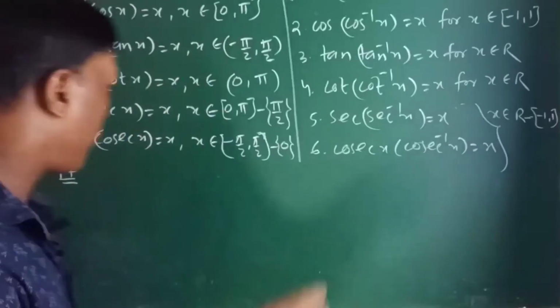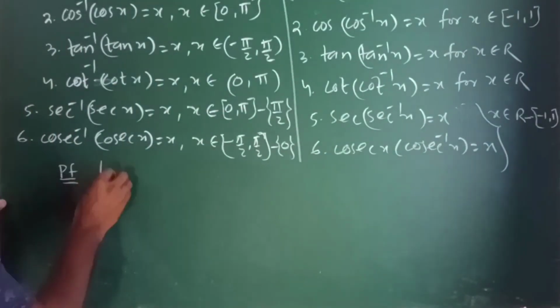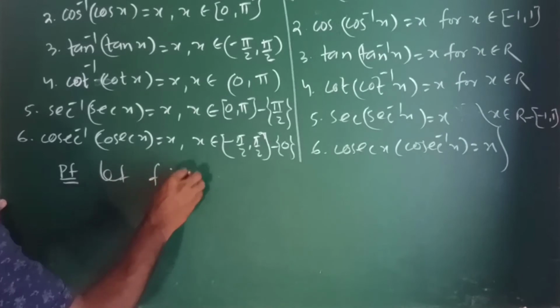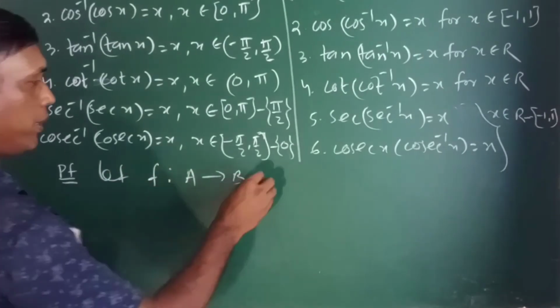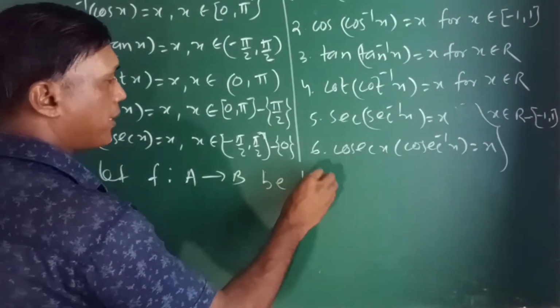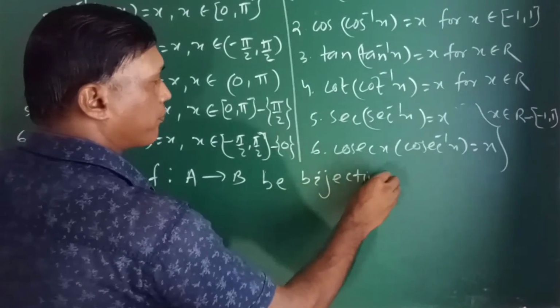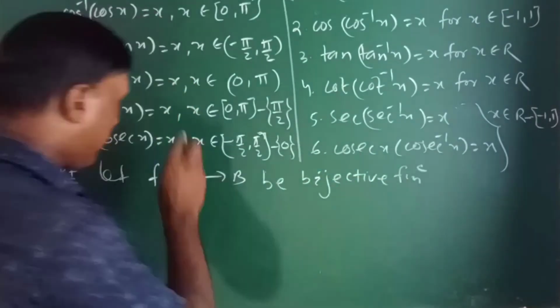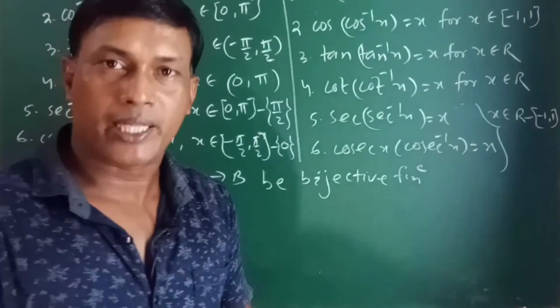How can you prove this? Now the proof: let f be a function from A to B, a bijective function. If f is a bijective function, then its inverse exists.